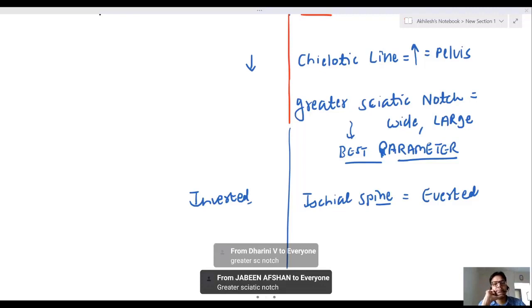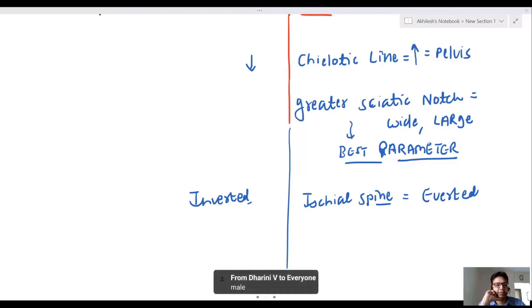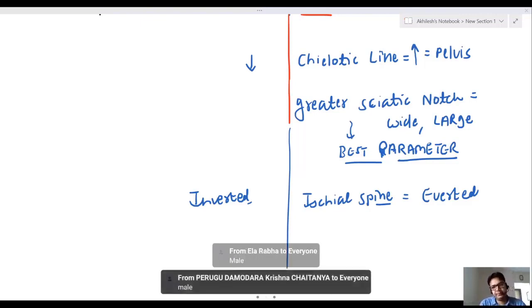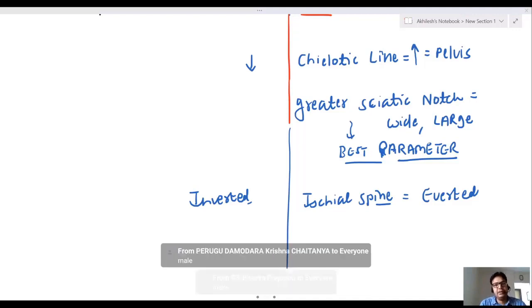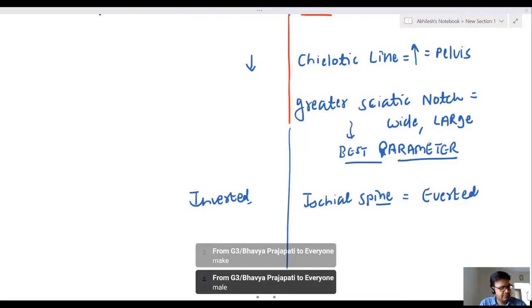Dr. Saab, deep funnel shaped pelvis with heart shaped pelvic inlet is seen in? Yes, it is male. Chilotic line in pelvis part is more prominent in? Yes, it is female.